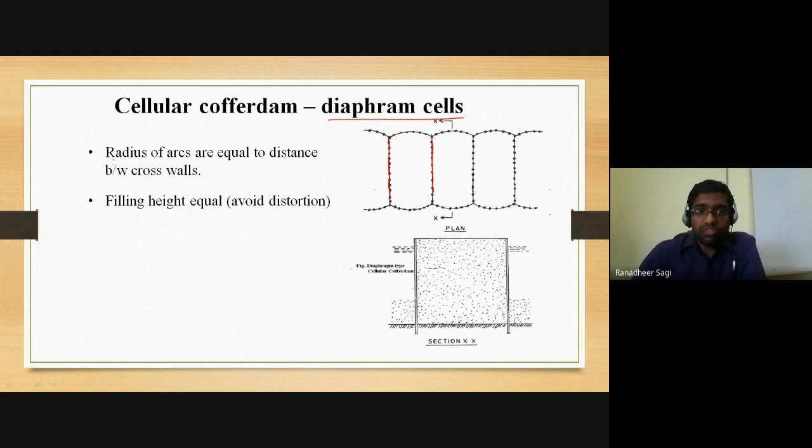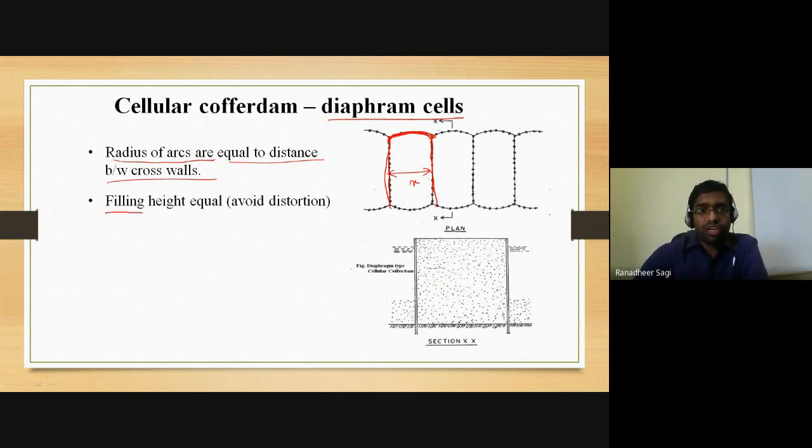The radius of the arc of that particular diaphragm cell is equal to the distance between those cross walls. This is one cross wall, this is another cross wall. If the distance between them is x, then the radius of this diaphragm cell is typically equal to the distance between those cross walls.